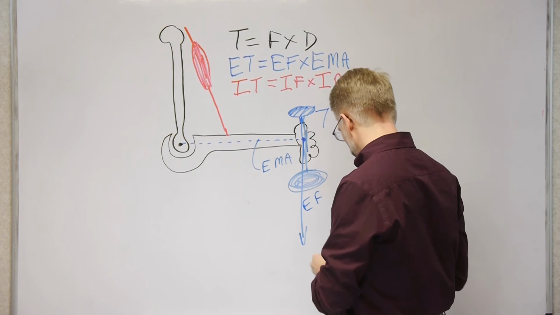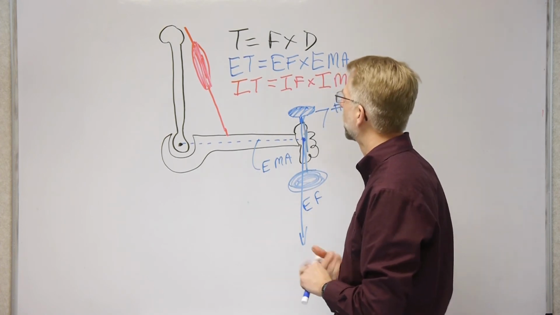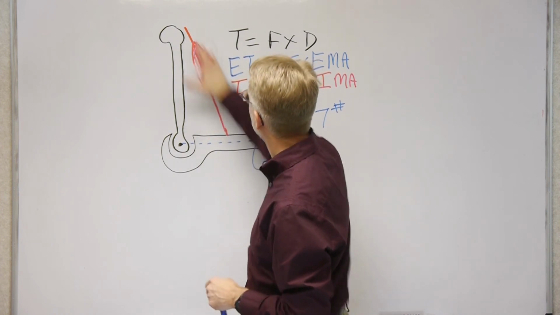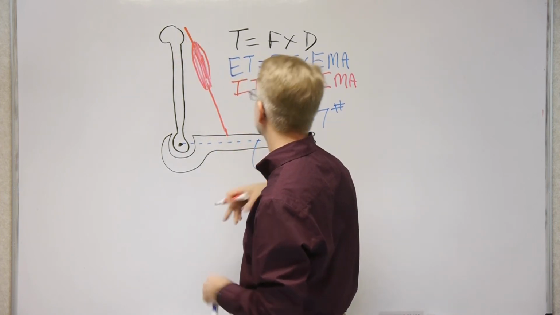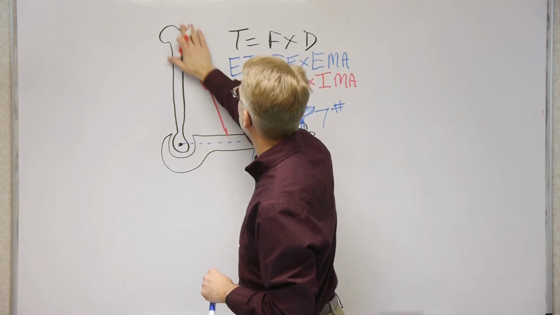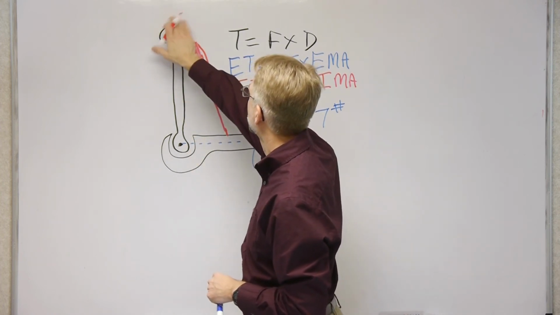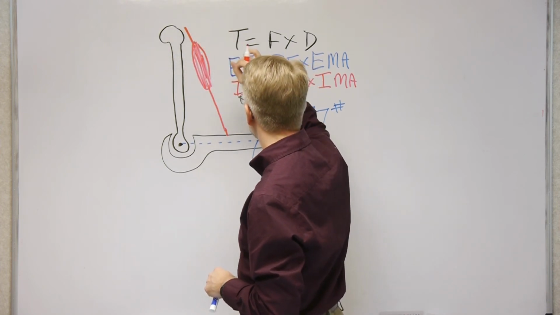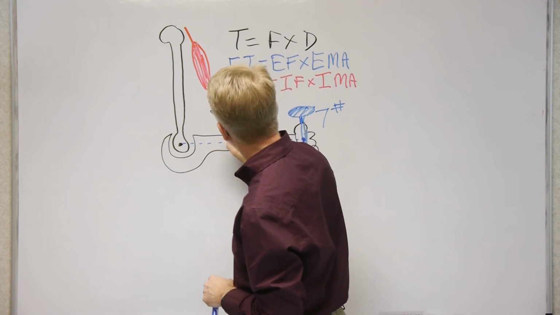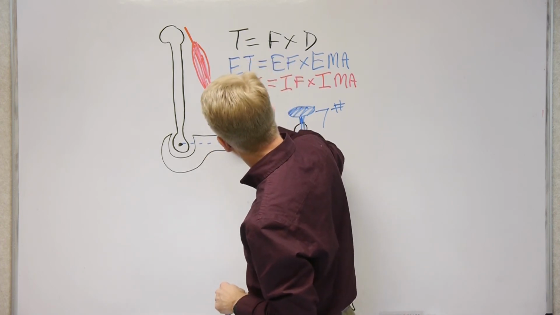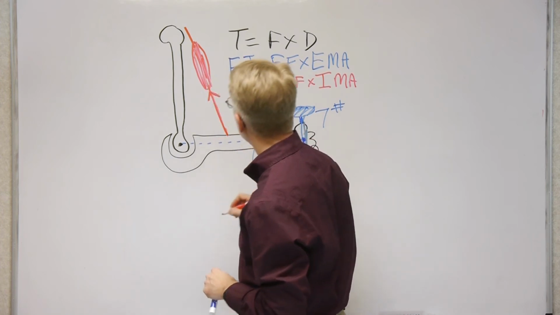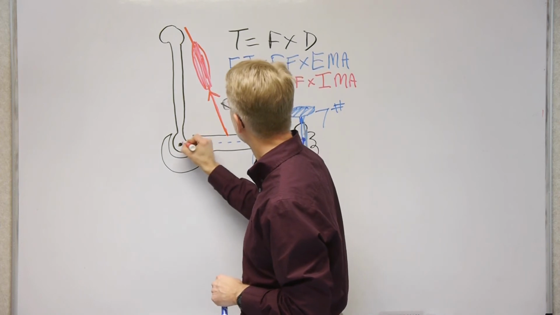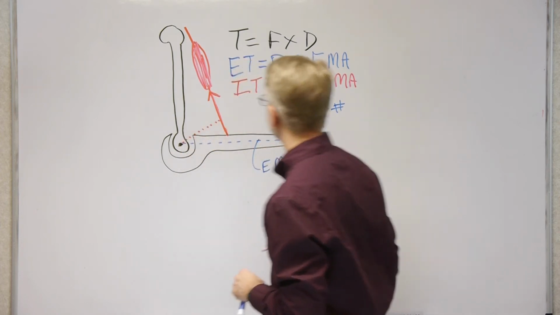For the internal torque, internal force, and internal moment arm, we've got to look at that yet. So here's my biceps, and it's pulling up like this from its attachment, actually to the radius, but then up toward its proximal attachments on the shoulder blade, on the scapula. And if I draw a perpendicular line, so here's my force vector for this basically, and if I draw a perpendicular line from that force vector to the axis, it's going to look something like that.